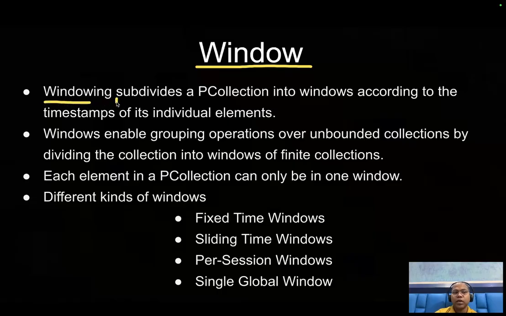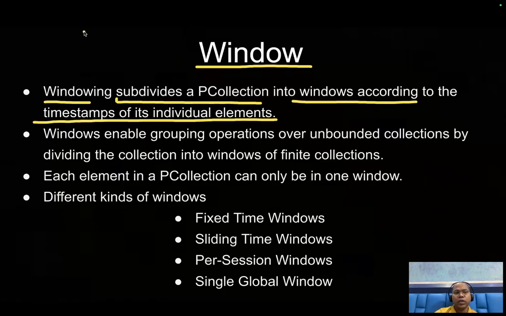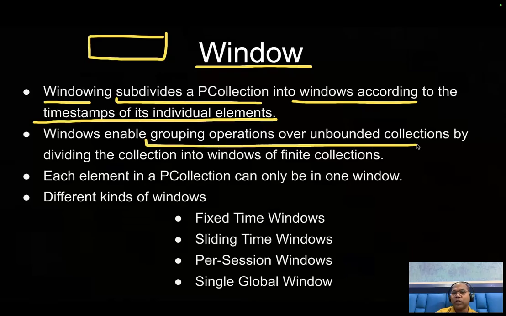Windowing is the subdivision of a PCollection into windows according to the timestamps of its individual elements. Every element has a timestamp, and according to the timestamps you can create windows for different strategies. Windows enable grouping operations over an unbounded collection by dividing it into windows of finite collections.